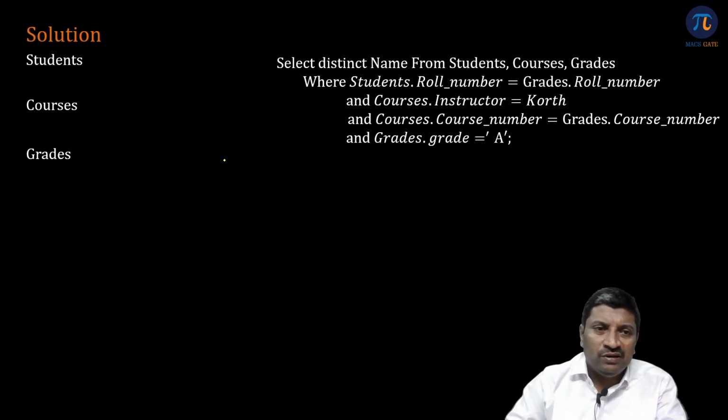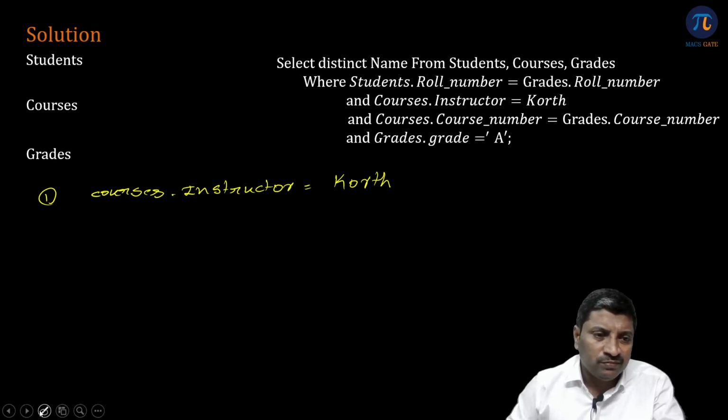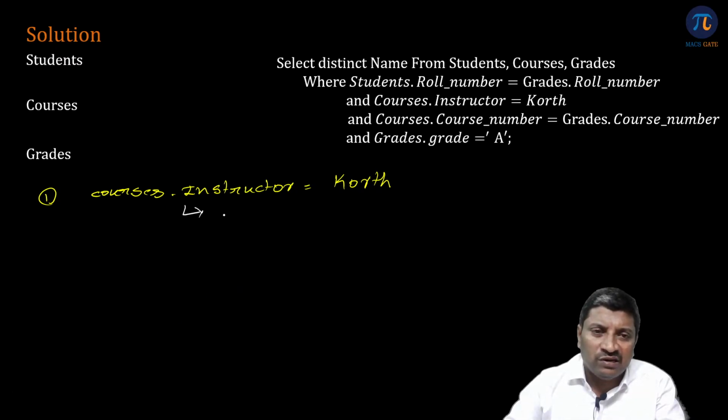Now look at this, sir. First, the first condition. Courses dot instructor equal to the faculty. So with this, you are confined to only the courses by that faculty.